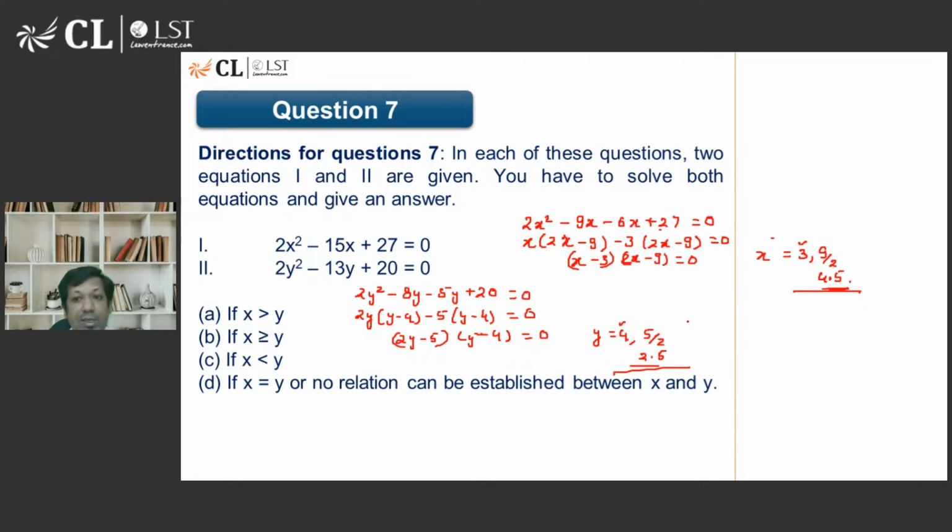In another case, x is greater. So can we actually establish the relation between x and y? No. So in that case, my answer of this question is going to be option B. So whenever we get these kind of questions, this is the approach. We figure out the values and compare both of them and understand what we should do. Okay.